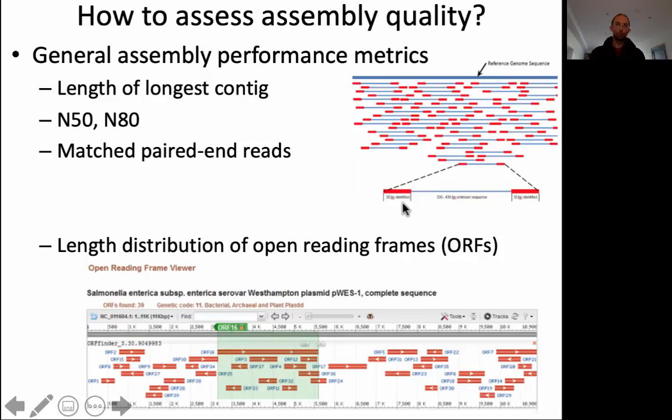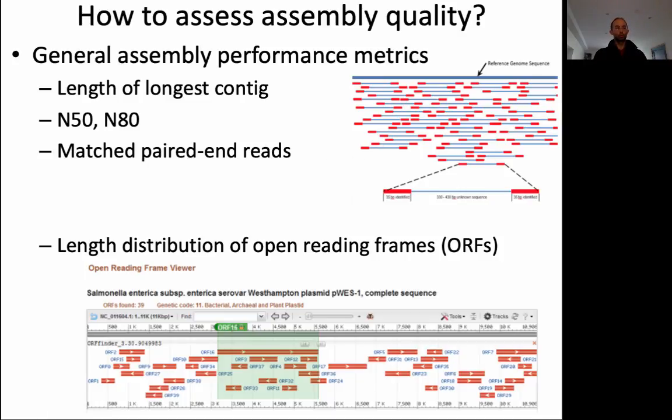So as you remember, paired end reads are derived from the same DNA fragment, so the left and right side of a certain DNA fragment are sequenced together, and if you align these sequencing reads back to the assembled contig, you should expect that the read pairs, the forward and the reverse read from a given pair, should be aligned to the same contig and in the right orientation. So the percentage of paired end reads that are properly matched is a measure of assembly quality as well.